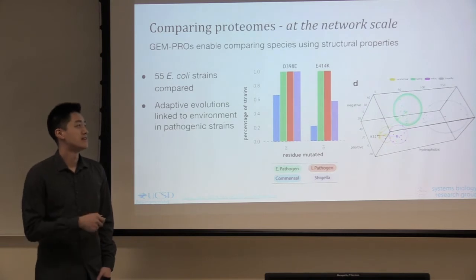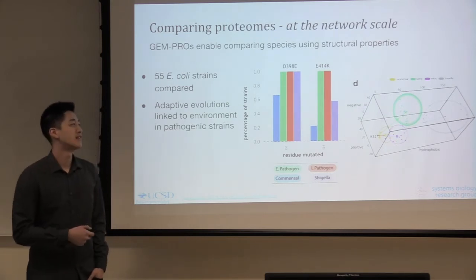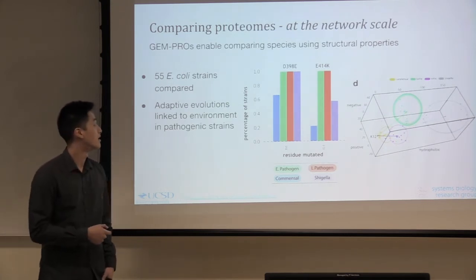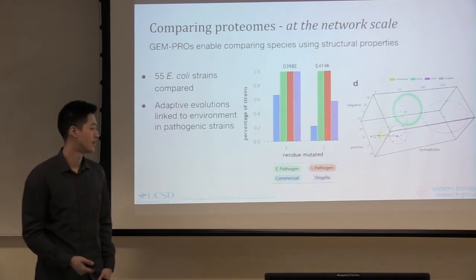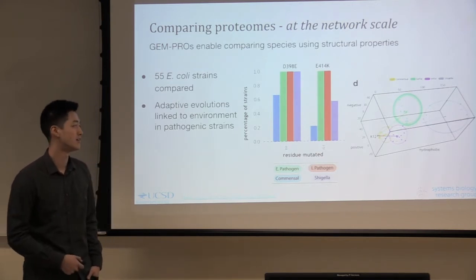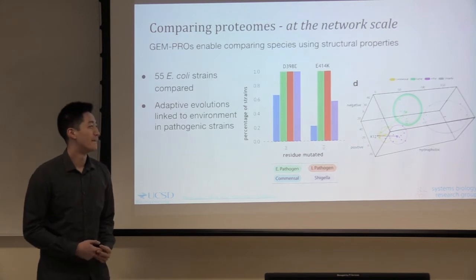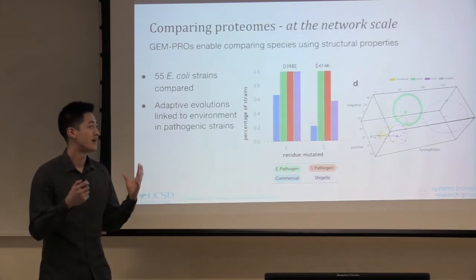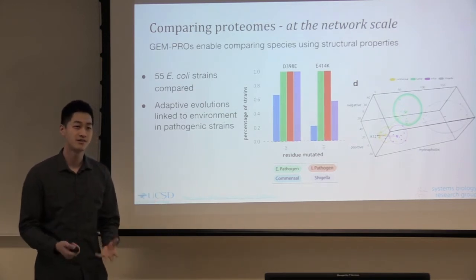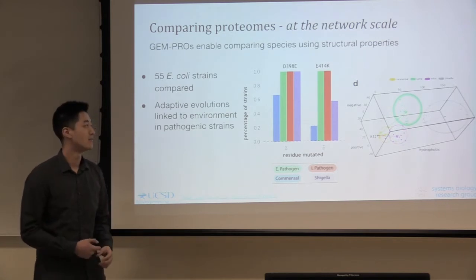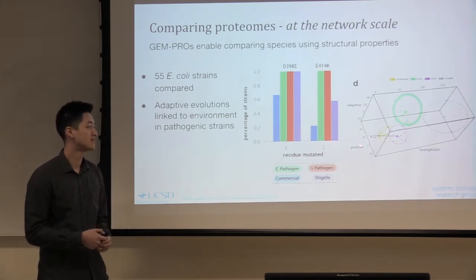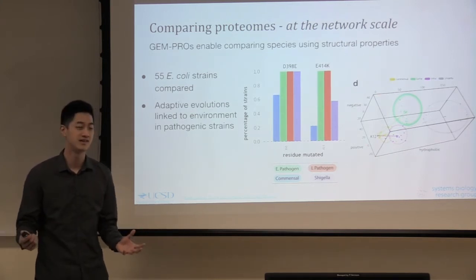And so another application of this same method was used to classify 55 E. coli strains, which, I think you guys have looked at this study for this class. And we tried to classify these 55 strains based on their structural properties as well. And what we found was we could actually classify them based on the simple charges of their amino acids on the surface of their proteins.